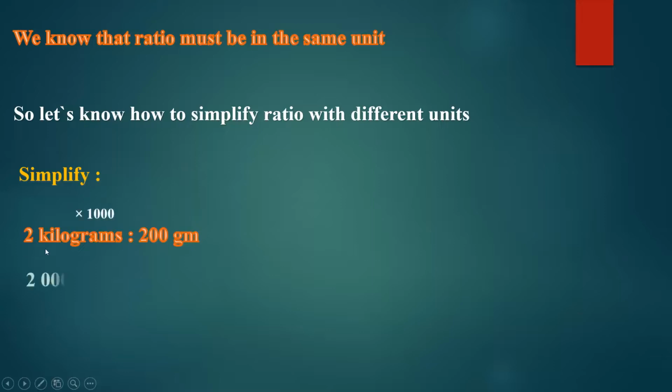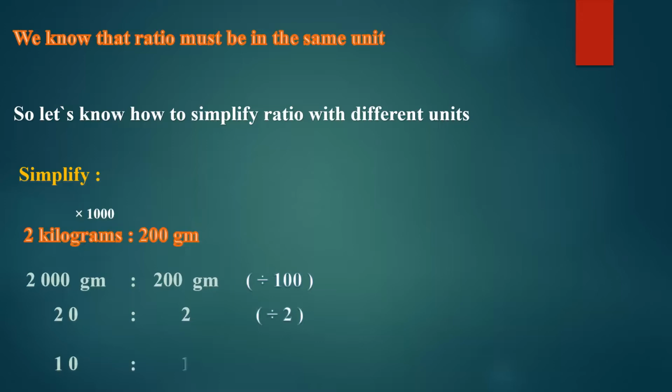So it will be 2000 grams to 200 grams. Here we have two zeros and here we have two zeros, so we are going to divide by 100. It will be 20 to 2, then divided by 2, it will be 10 to 1.